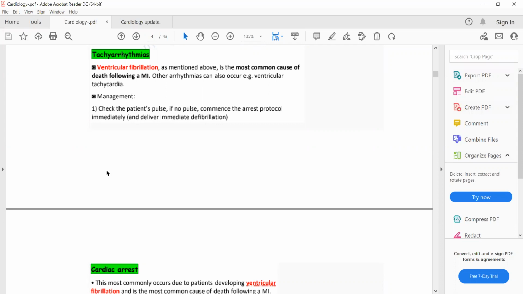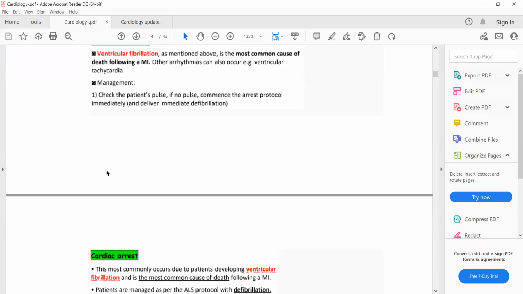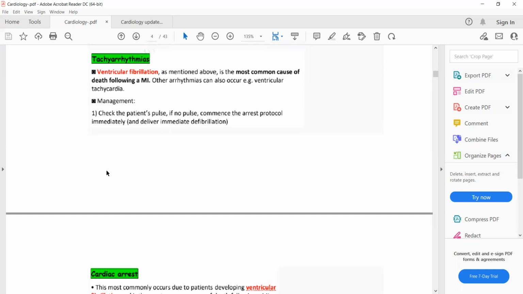Our choice will be cardioversion, while stable arrhythmias are managed pharmacologically.